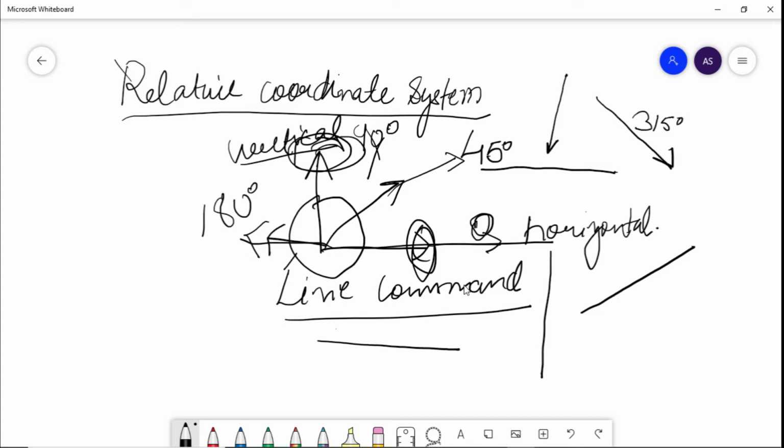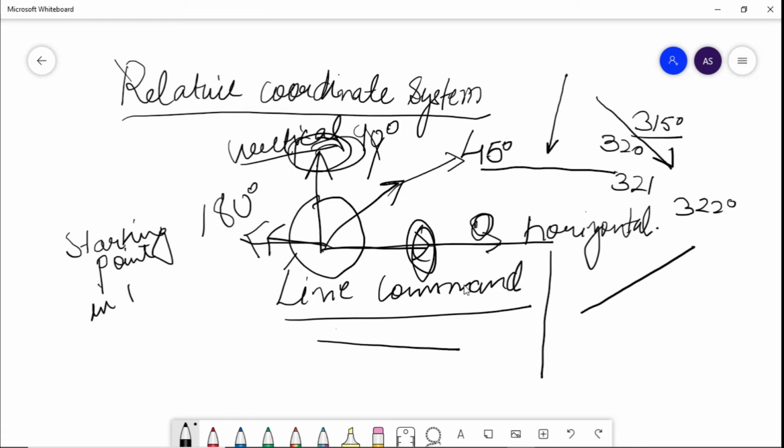So it could be 315, 320, 321, 322 degrees also. So you can draw any line from a starting point in different directions.